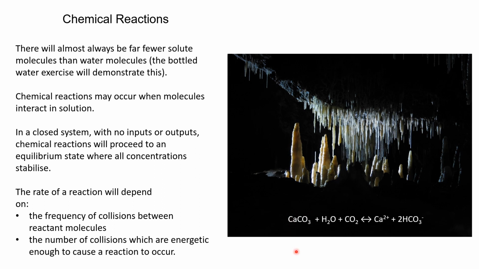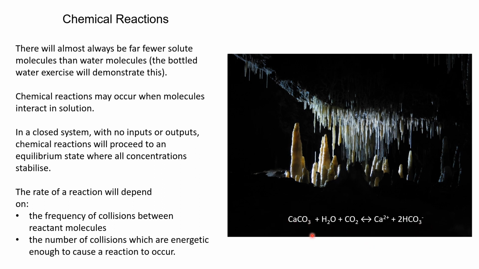And limestone, when it dissolves, it reacts with water and carbon dioxide. These two form a weak acid, carbonic acid, and that then dissolves the limestone and it forms calcium in solution and the hydrocarbonate ion in solution. And you can see in the middle here there's this two-way arrow which suggests that the reaction can go in both directions. So above the cave, this reaction is taking place in the soil and the geology.